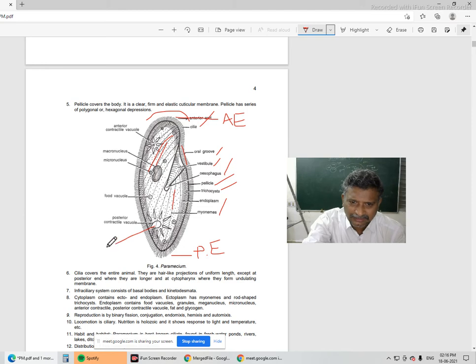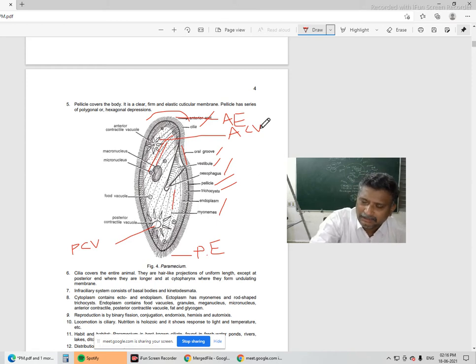This is the posterior contractile vacuole. Here is one more contractile vacuole, the anterior contractile vacuole. So anterior and posterior vacuoles are there. Throughout the length of the body, obliquely arranged myonemes are there.